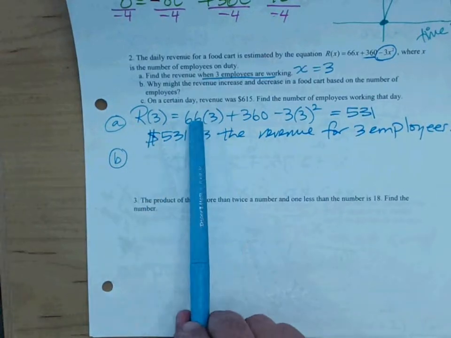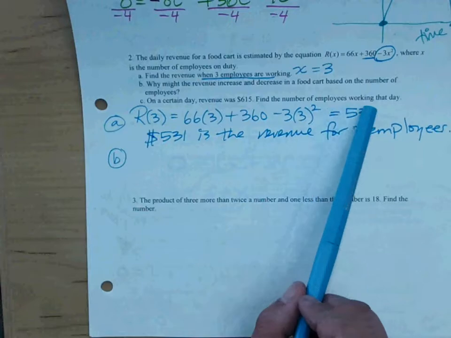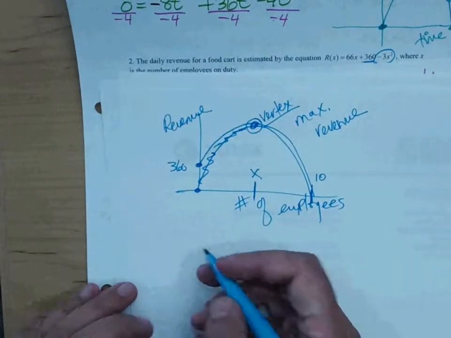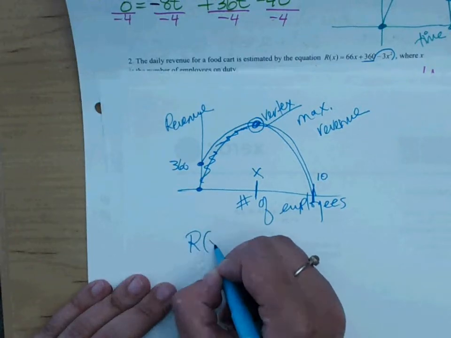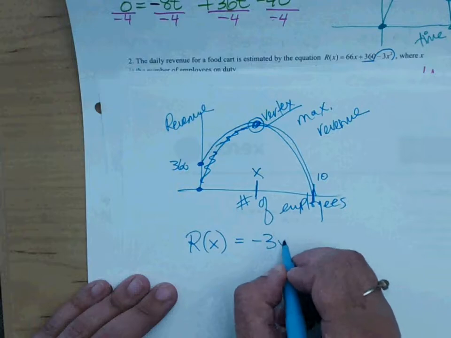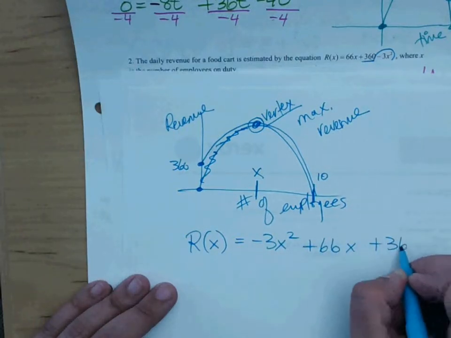On a certain day, the revenue was $615. Find the number of employees working that day. So you see here from the equation, I'm going to write it in standard form. This is the revenue function equals negative 3x squared plus 66x plus 360.